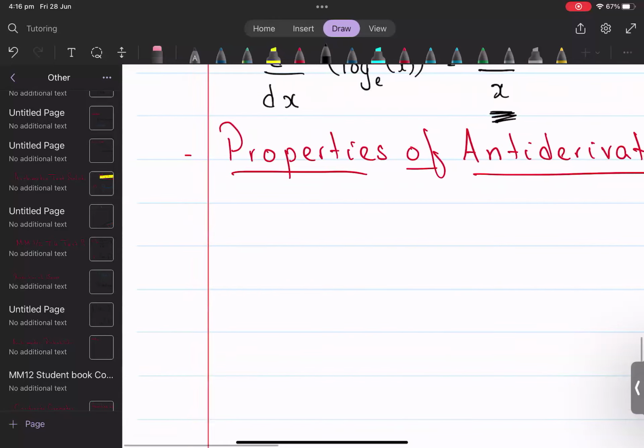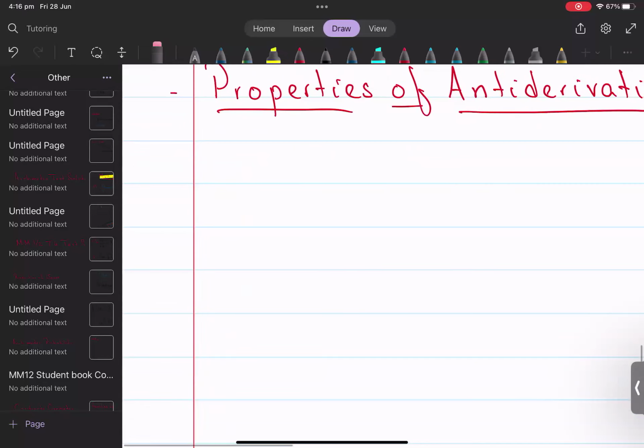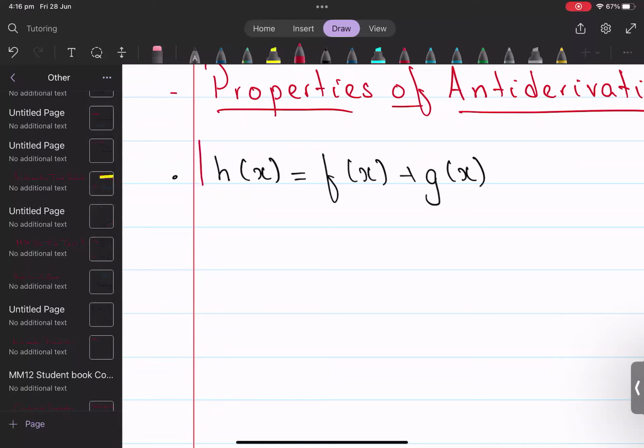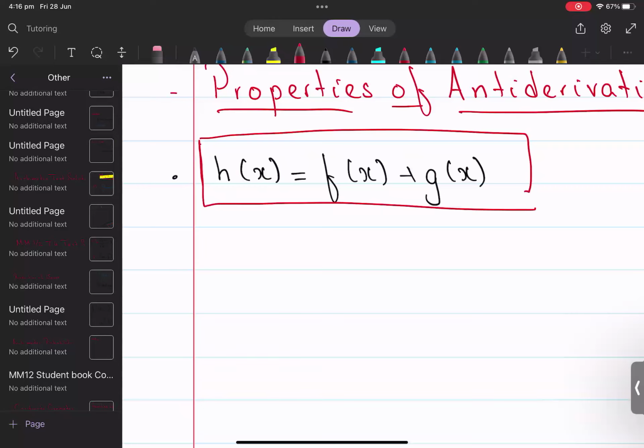If we have some function h of x, which is defined as f of x plus g of x, where f of x and g of x are two arbitrary functions that I've just made up in my head here. Remember, this g of x has nothing to do with the g of x I defined upstairs.